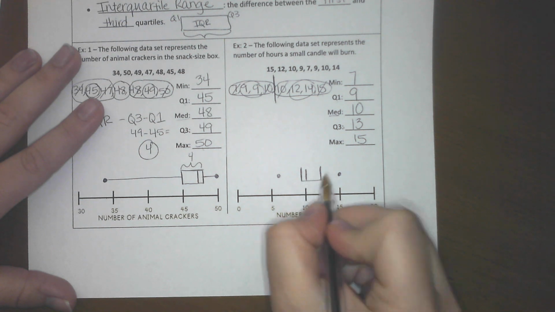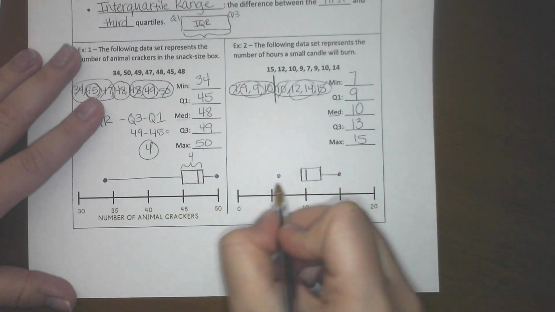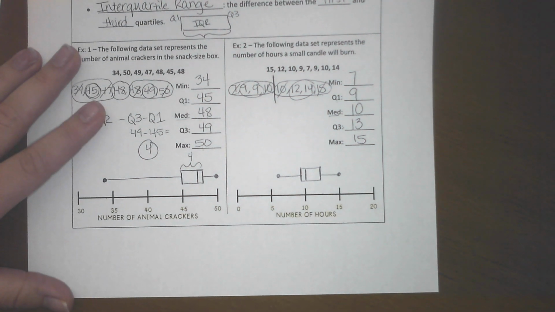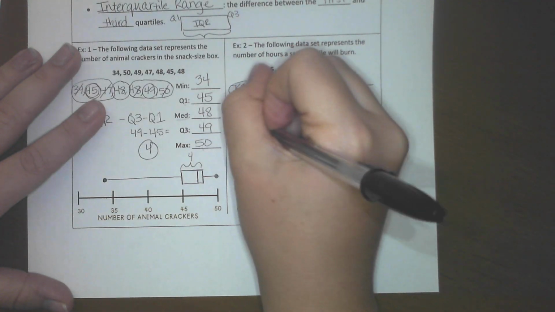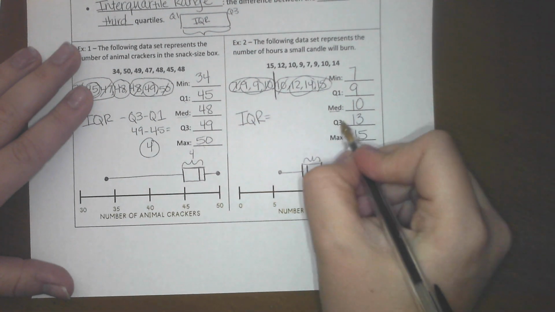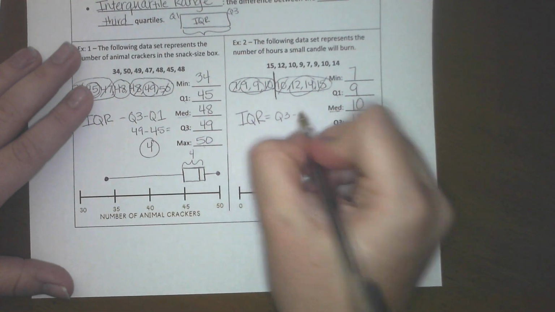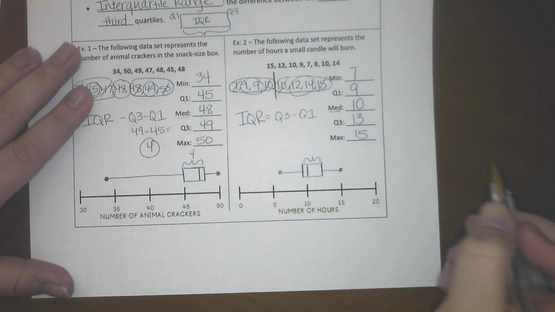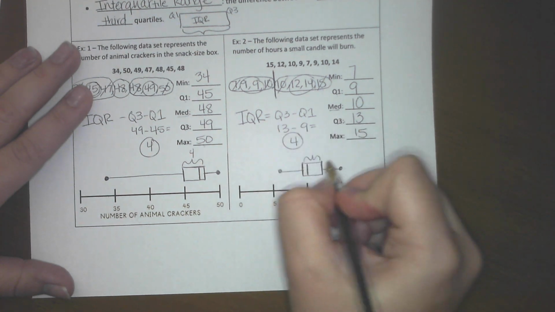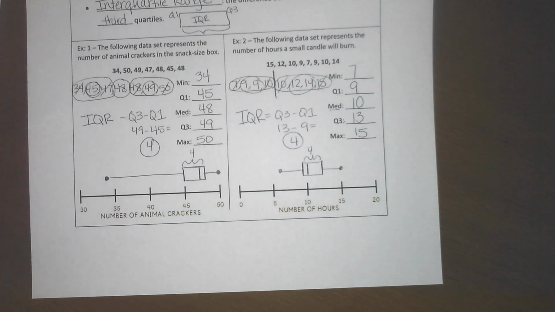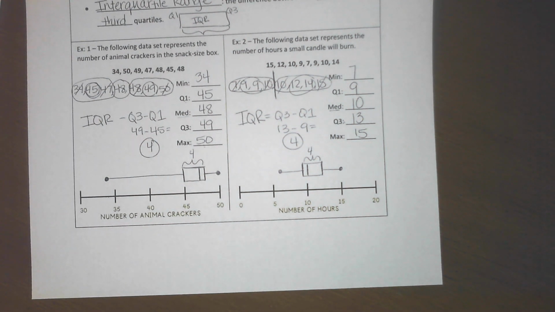So I'm going to complete my box, draw my whiskers, there's my box plot, and I want to figure out what is the IQR, or the interquartile range. I'm doing Q3 minus Q1, which is 13 minus 9, which is also 4. So you could say the interquartile range is about 4 hours that the candle will burn.